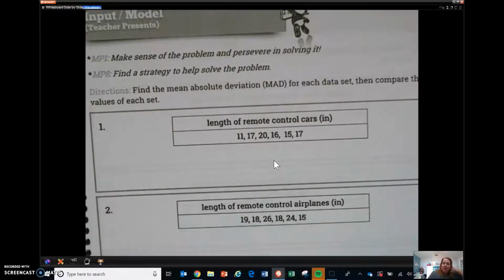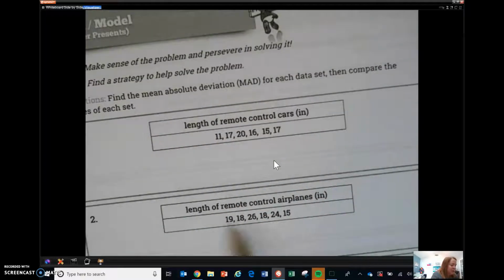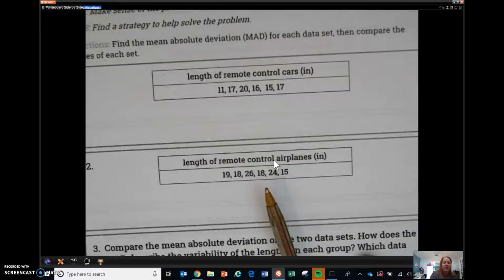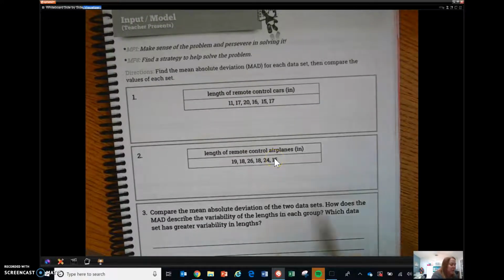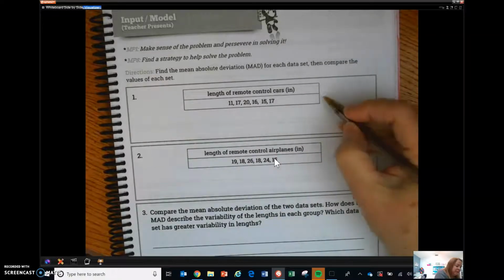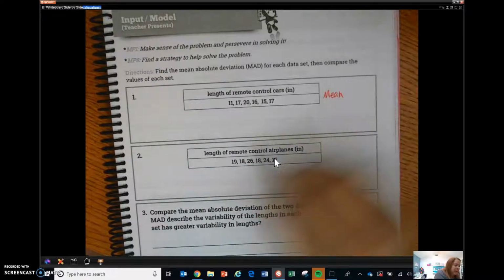Remember I said it's okay to use your calculator if you'd like. For this one, we have a length of remote control cars and a length of remote control airplanes. So instead of just doing one problem, we're actually going to do 2 this time. First thing we have to do is find the mean of these numbers.